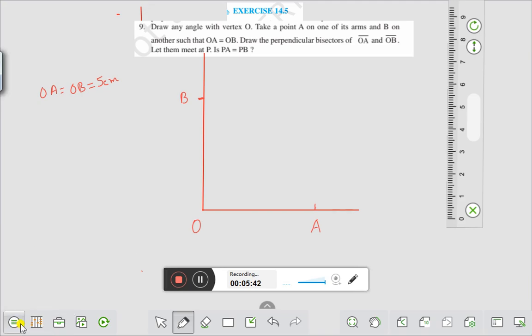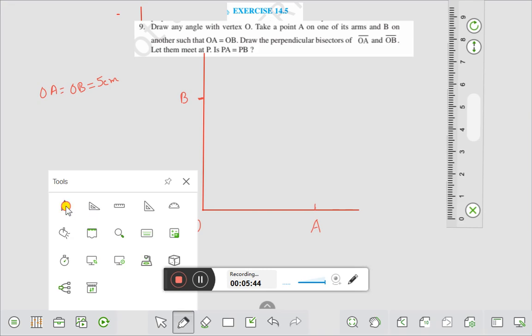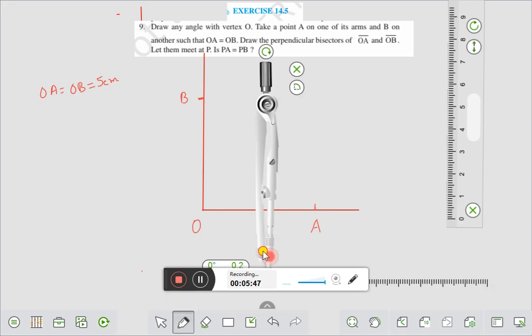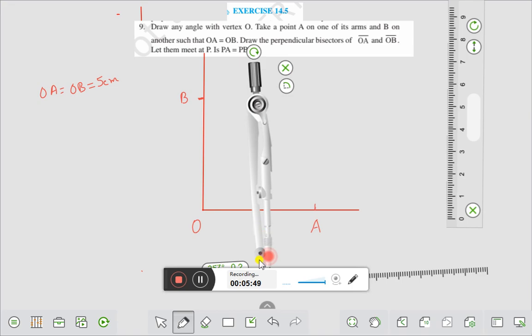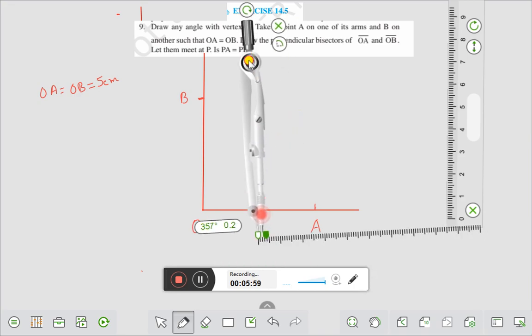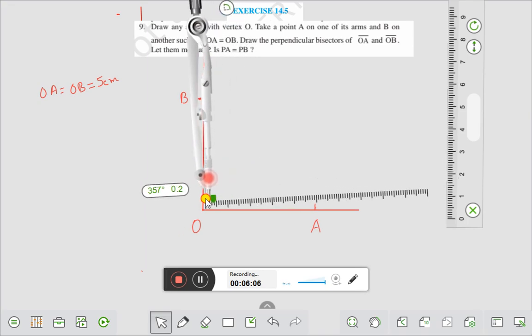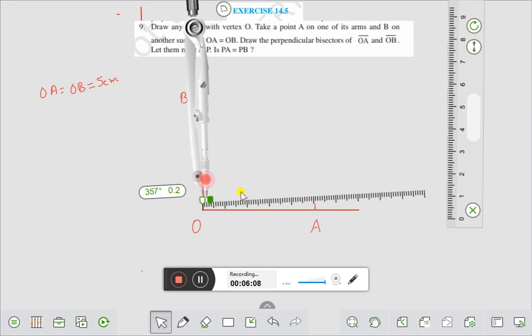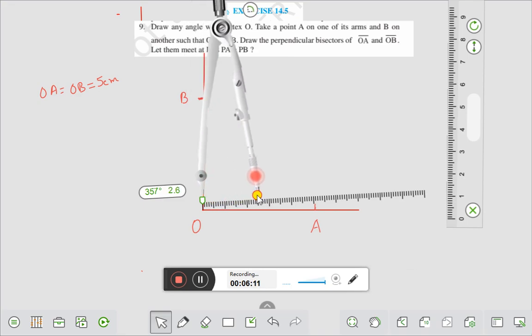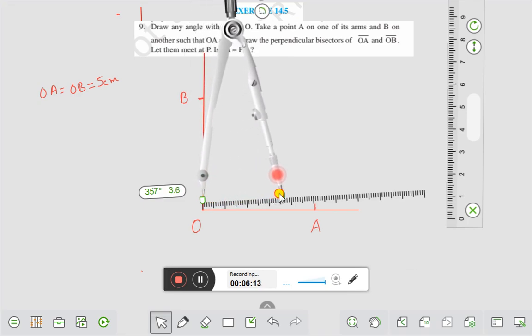Therefore, you have to take one compass. Let us draw the perpendicular bisector here. The pointer is at O, and more than half of the line we will take an arc, right?